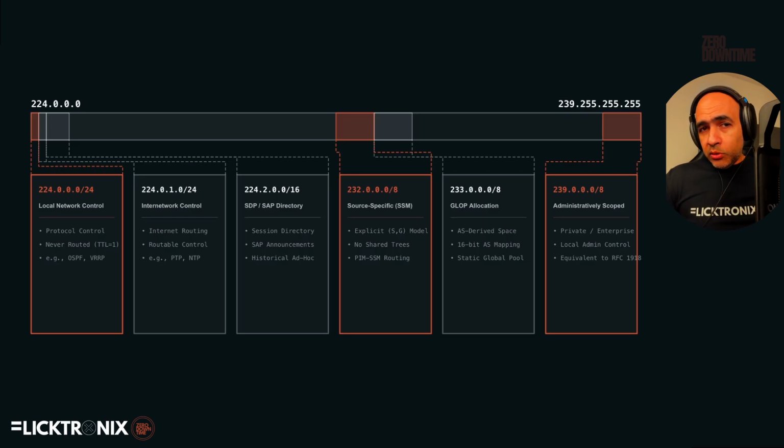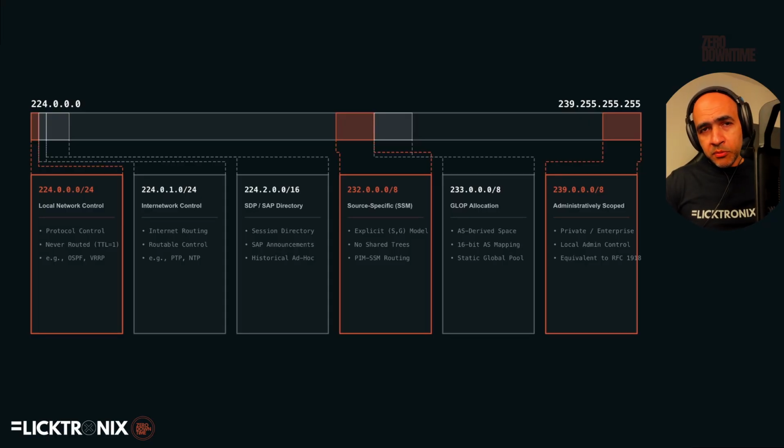Some exist on the local network, some are used for inter-network control, some are administratively scoped, some use a source-specific model, some have defined allocation mechanisms. So 224/4 isn't one undifferentiated pool. It contains several different allocations and scope regimes.